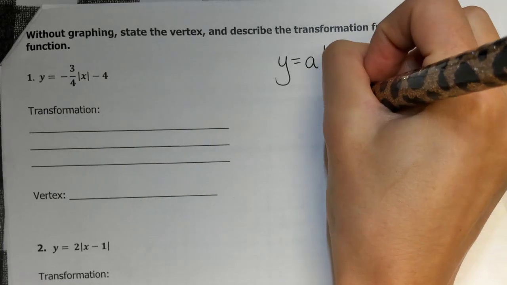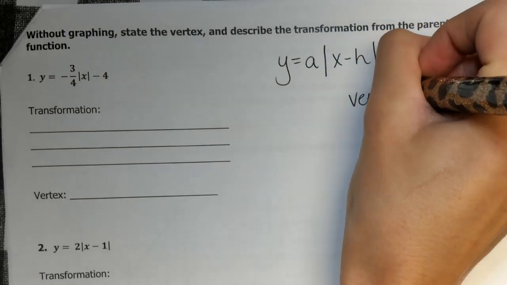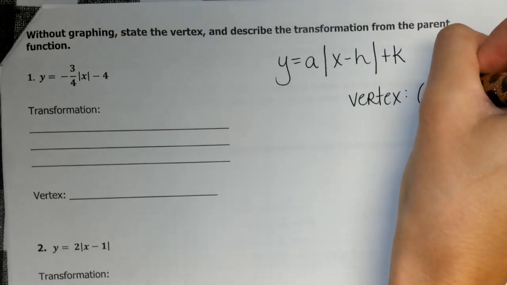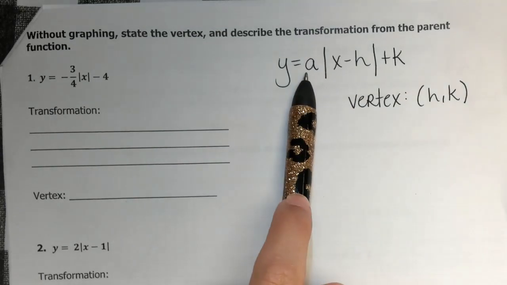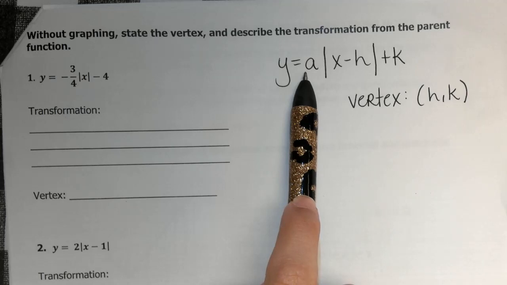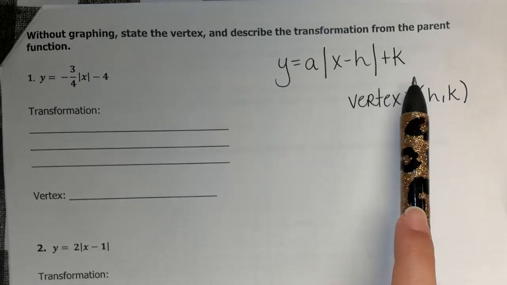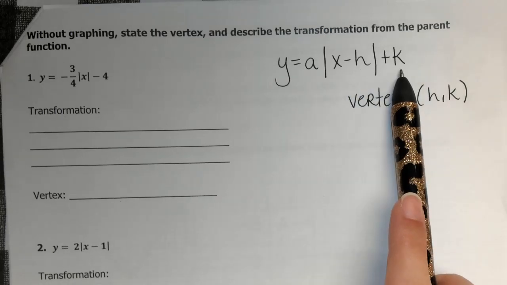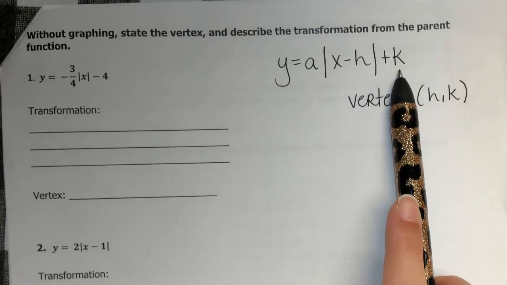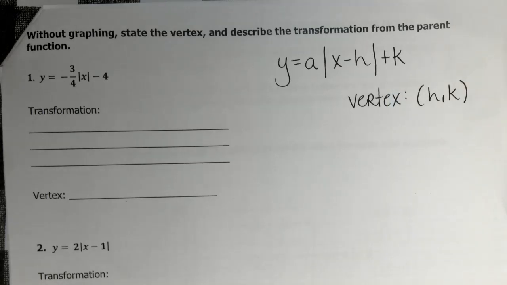So remember your vertex is hk. The number in front tells me stretch or shrink. The number inside the bars tells me I'm going left or right. It's always the opposite of. And then the number on the outside behind it being added or subtracted tells me up or down. And then negative tells me reflect.